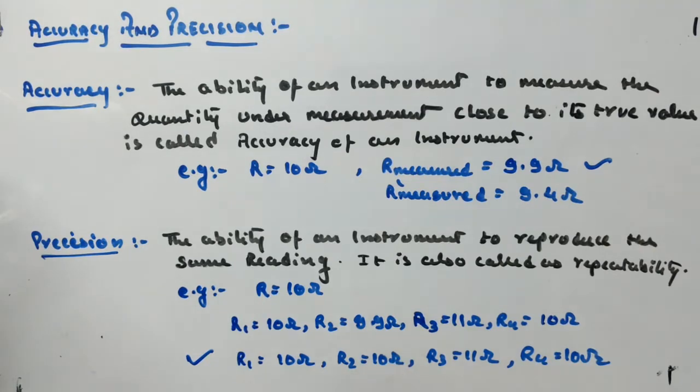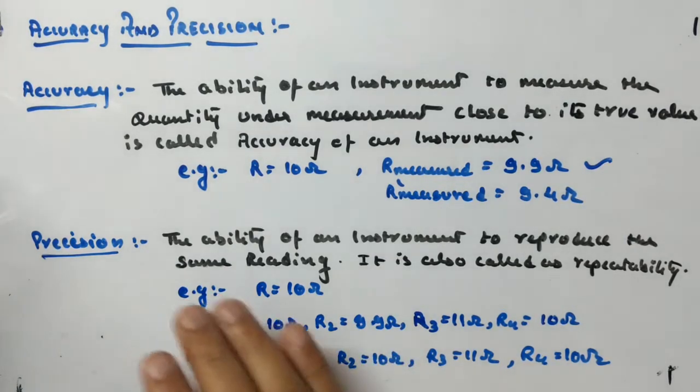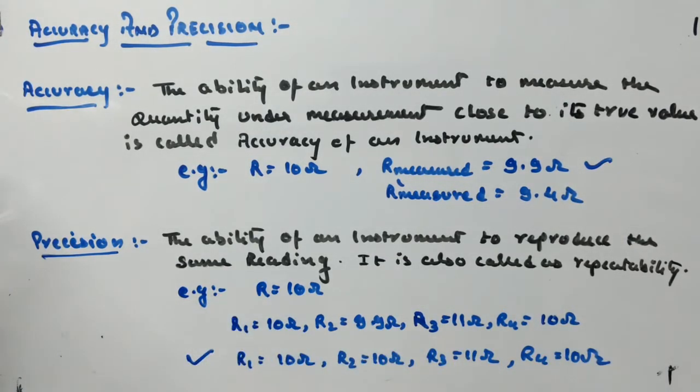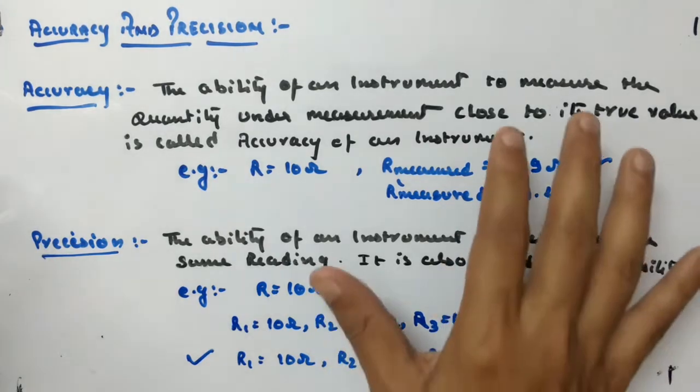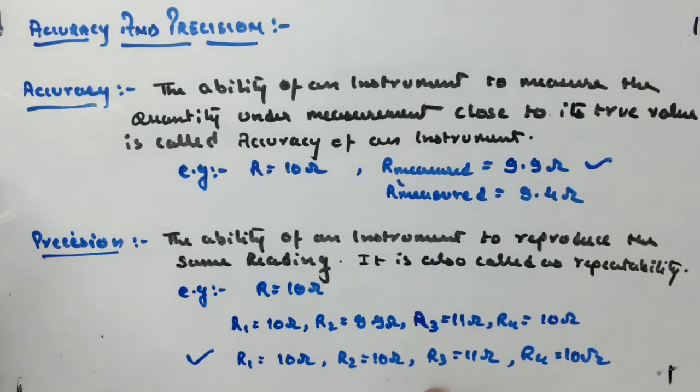So the ability of an instrument to produce the same reading whenever you have a lot of measurements is called precision. It has nothing to do with the closeness of the value to the true value. It is just how many times it is producing the same resistance value.